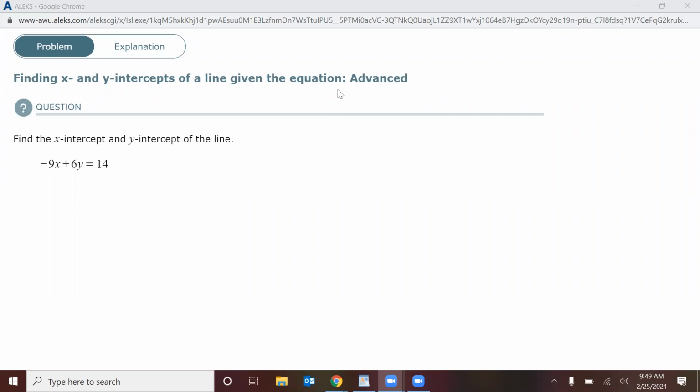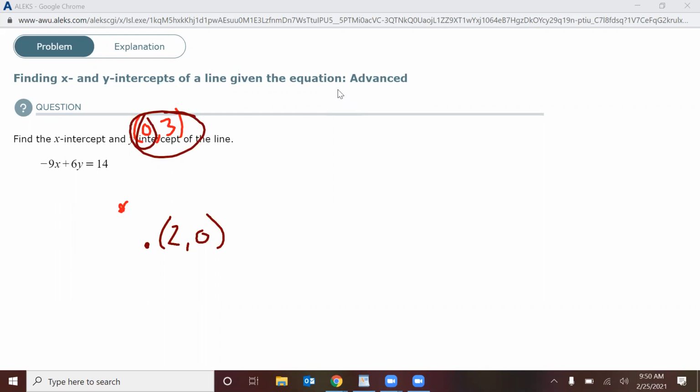Now let's find the x-intercept and the y-intercept of the line, but without the graph. One thing you might have noticed in that last topic is that the x-intercept was (2, 0) and had a y-coordinate of 0 because that point was on the x-axis. And the y-intercept had an x-coordinate of 0 because that point was on the y-axis.